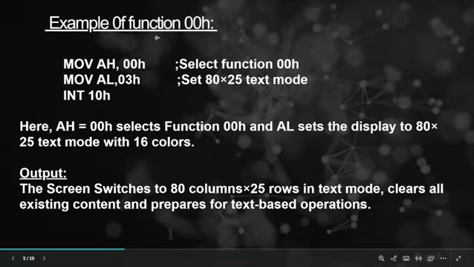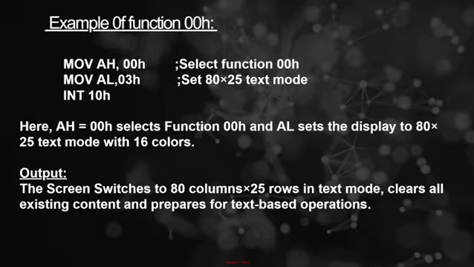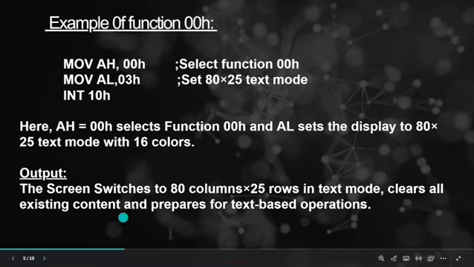Let us talk about an example of this now. MOV AH, 00h means we are selecting this function. MOV AL, 03h means AL is equal to 03h. Now, after running this, it will display 80 columns by 25 rows in text mode and clear all the existing content.